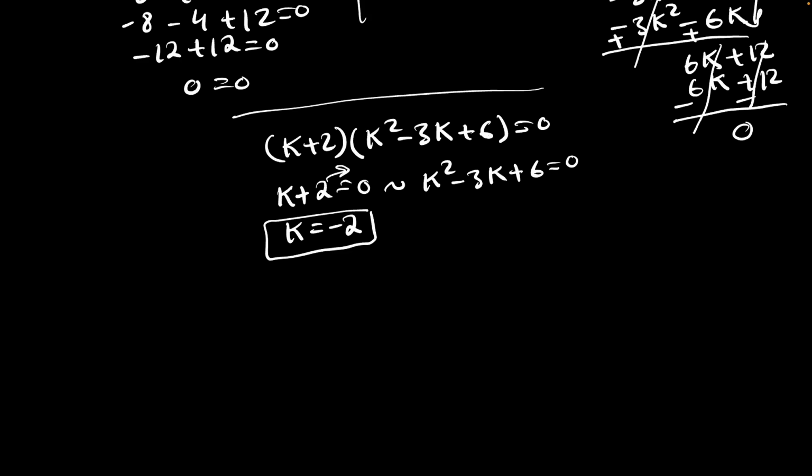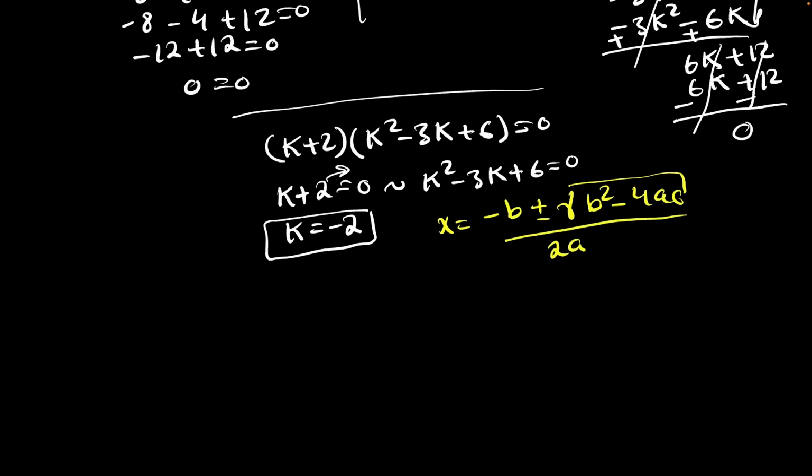To solve a quadratic equation, we have a formula: x is equal to negative b plus or minus the square root of b squared minus 4ac, over 2a. In a quadratic equation, the coefficient of k squared is our a. Here the coefficient is 1, and the coefficient of k is b, and the constant is c.